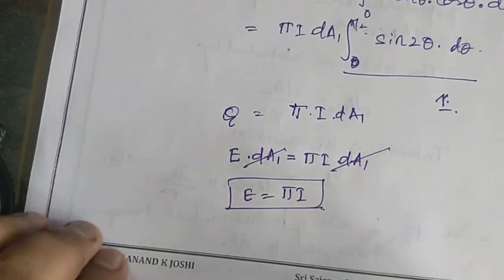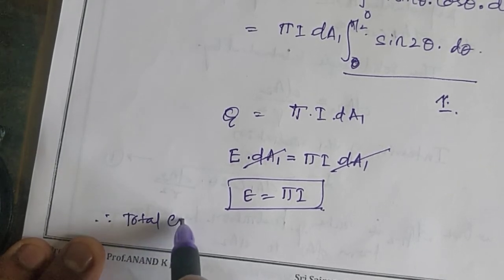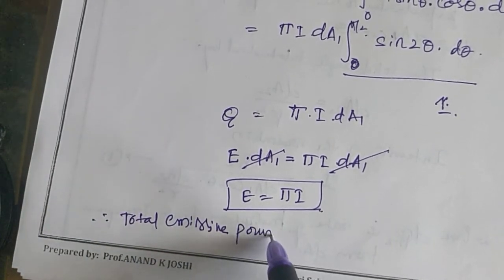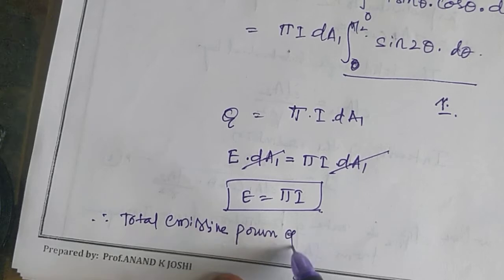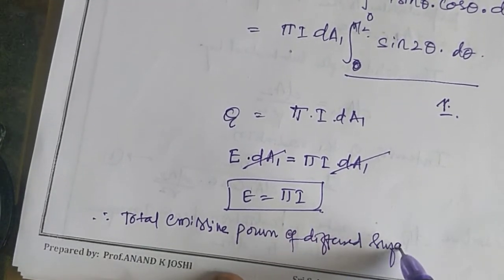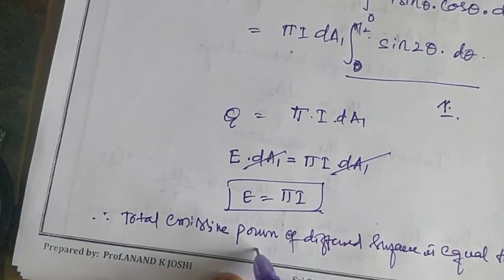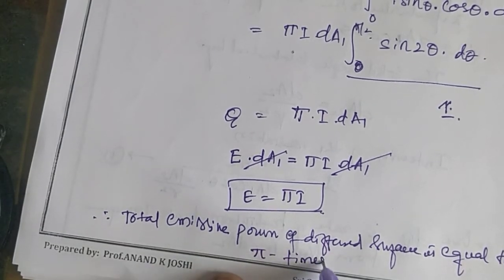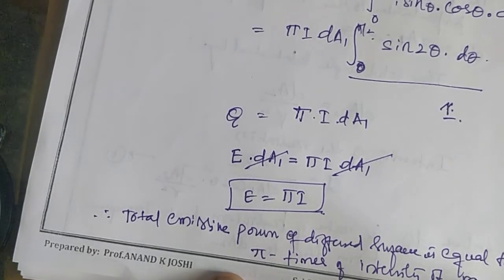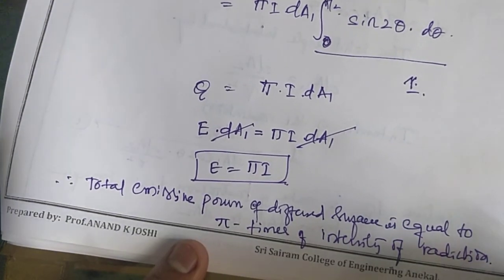Therefore, this is the total emissive power of a diffuse surface is equal to pi times the intensity of radiation. I hope you follow this derivation.